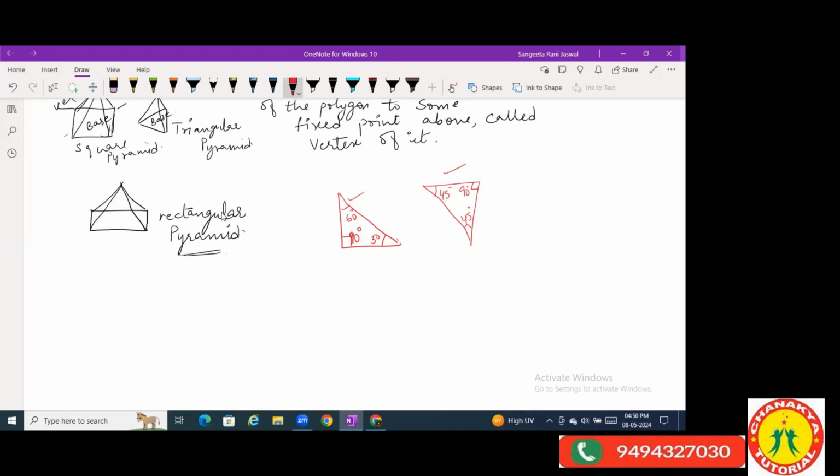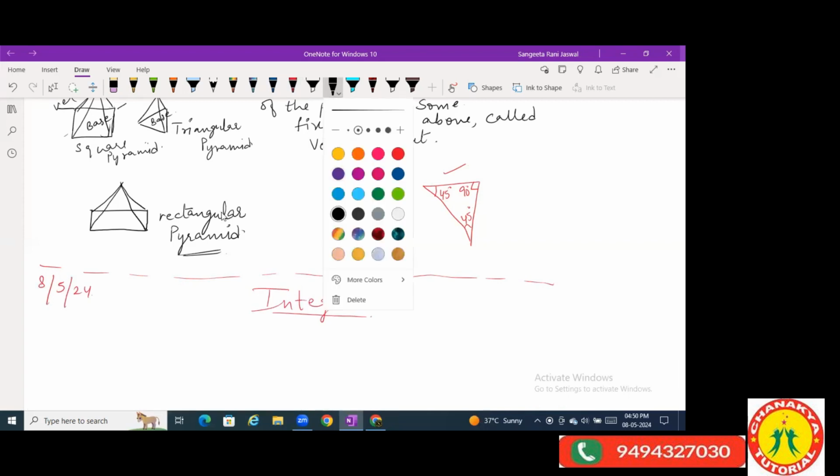See children, when we speak about integers, look here. Today is 8. We have been studying the number system, right?